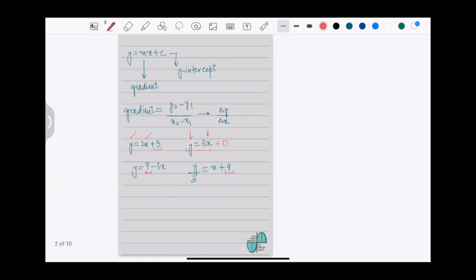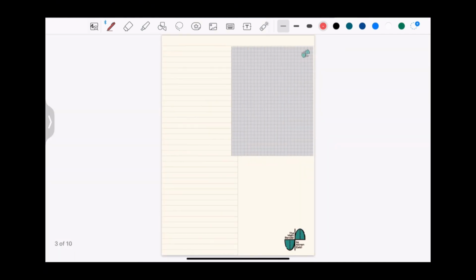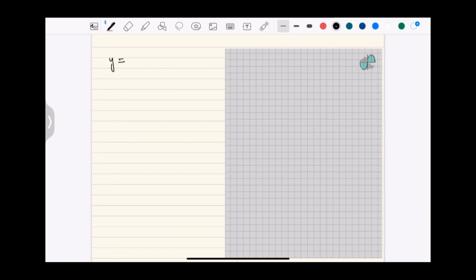So let's see what a linear law is. If I ask you to draw y equals x squared, the first thing you would want to do is make a box and fill in some values.